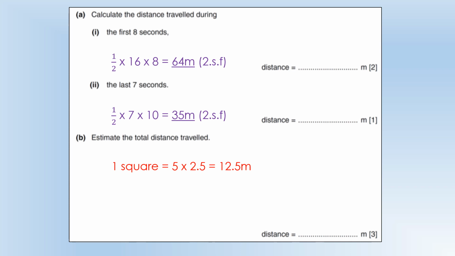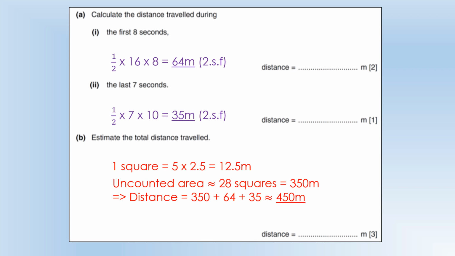One square is 12.5 meters, by multiplying the x and the y scales. And then I counted the area that we haven't already calculated, so all these other sections, and I got around 28 squares, sort of combining two halves to make a whole square. So I reckon that's about 350 meters, giving us a total distance of around 450 meters.